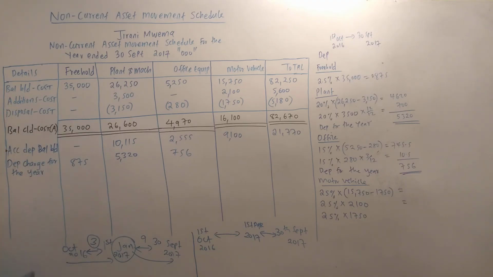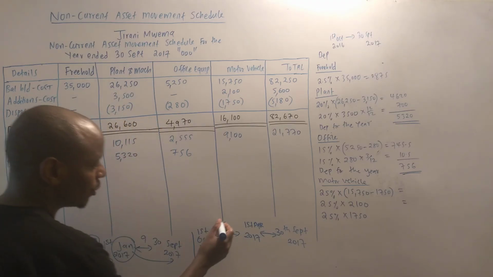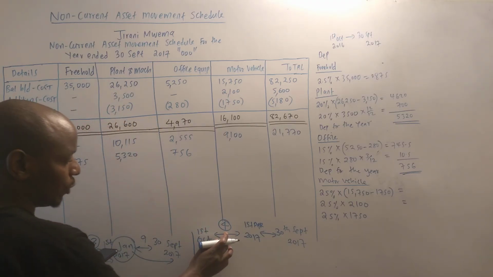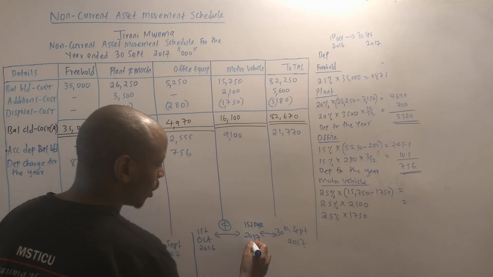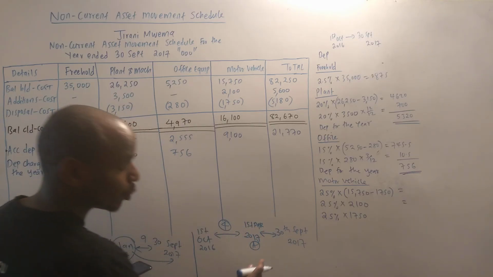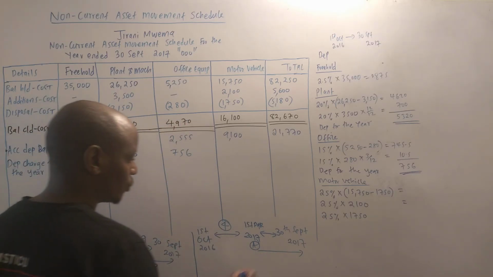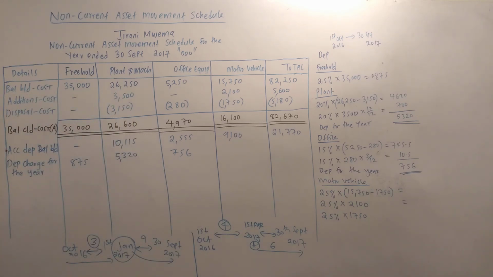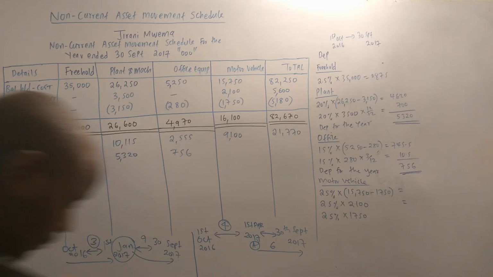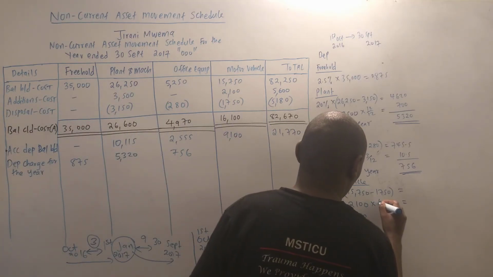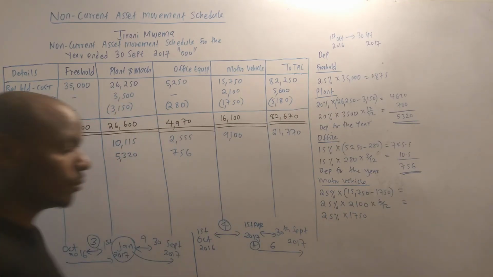From October to April: October, November, December, January, February, March, that is 6 months when the asset was not available. It was only available from April 2017 up to the end of that year. So it was there for only 6 months. So you say times 6/12, because it was only available.